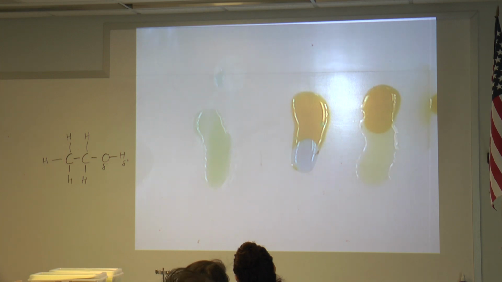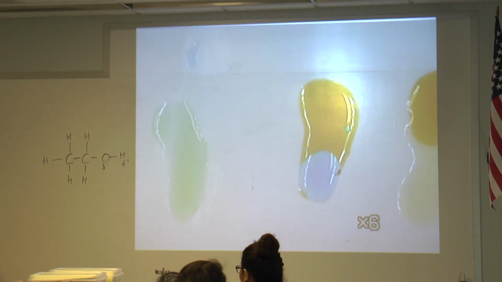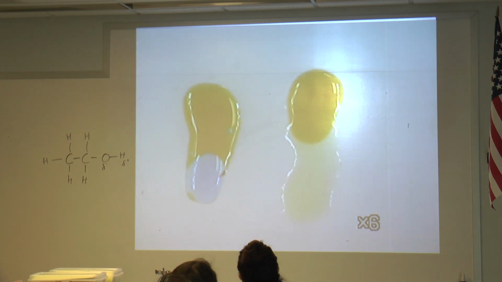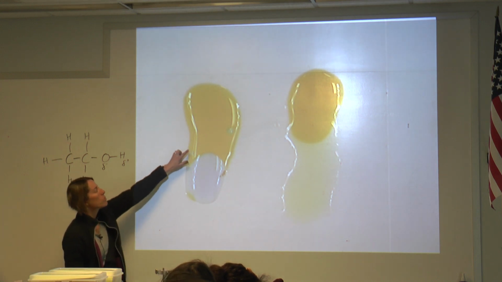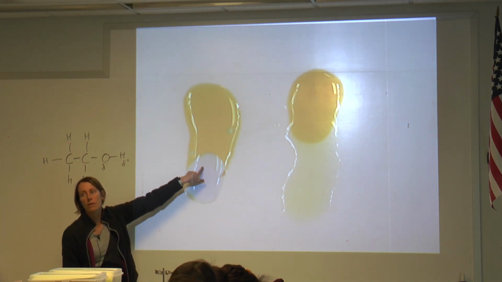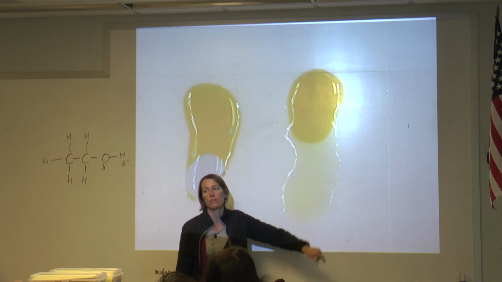So we can compare. I can zoom in a little bit and bring this over. We can compare how the oil is interacting with the water, or not interacting as the case may be, and how the oil is interacting with the alcohol.